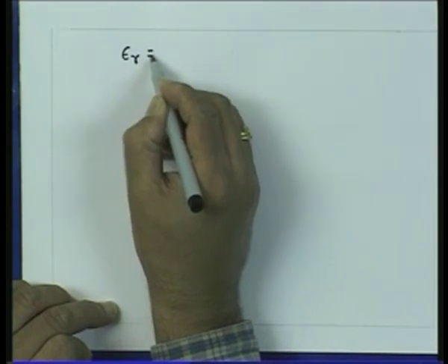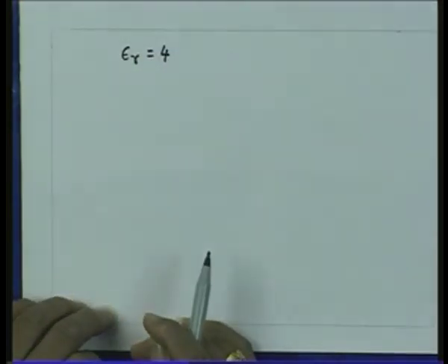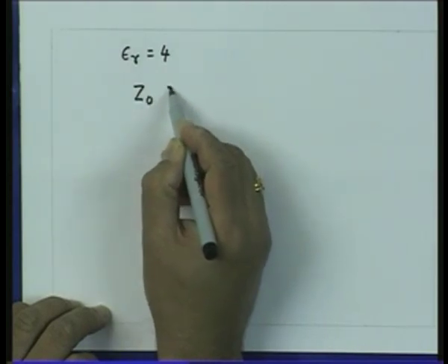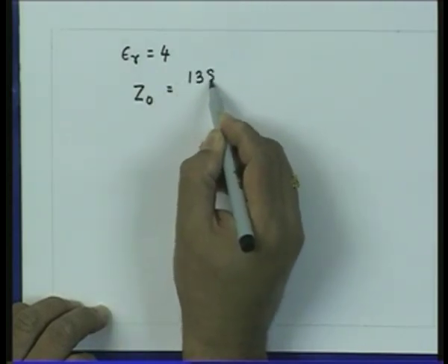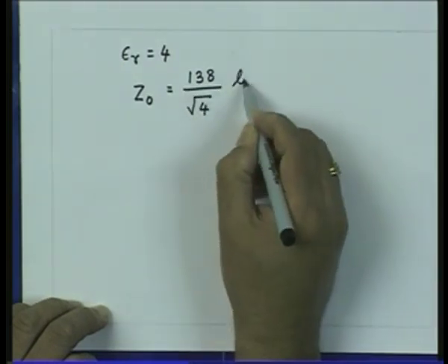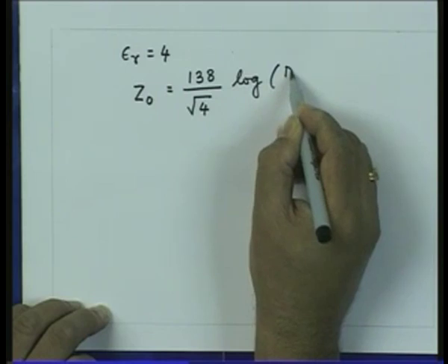If I now take some typical value just to calculate the impedance, just to get a feel what kind of parameters are required to realize certain characteristic impedances, let me take, just for simplicity, epsilon r equal to 4. So the Z0 for this coaxial cable will be 138 upon square root of 4, log of D upon d.